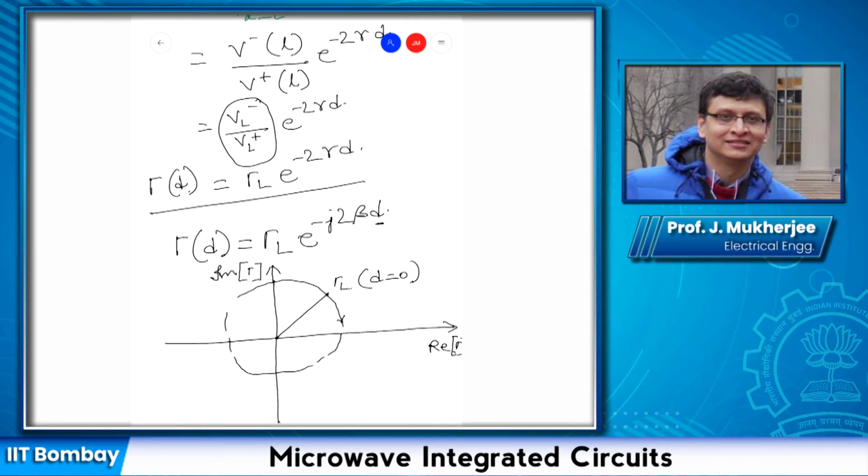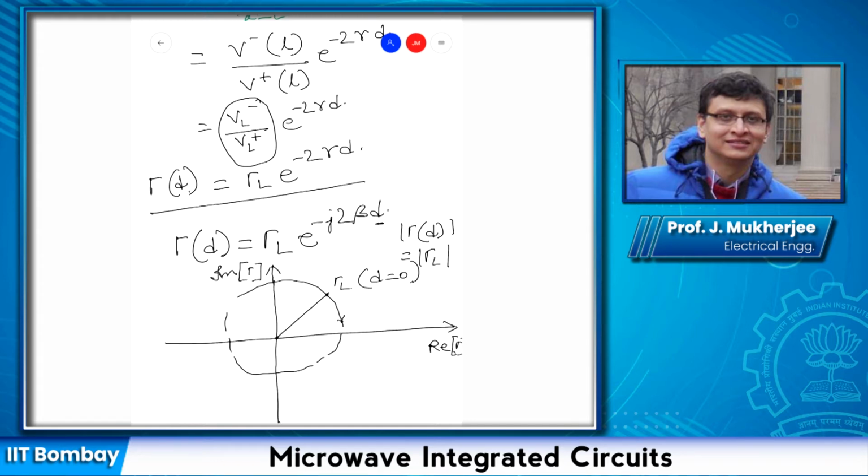This is a circle and the radius of the circle is equal to modulus of gamma D. This is equal to modulus of gamma L. So the amplitude, or the modulus of gamma D, doesn't change. However, the phase changes, and that's why the locus is a circle.